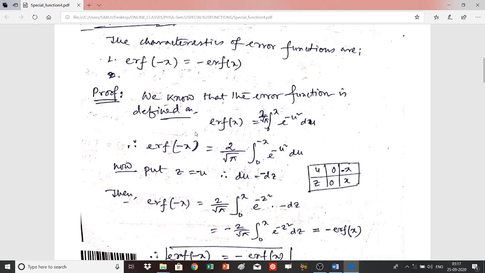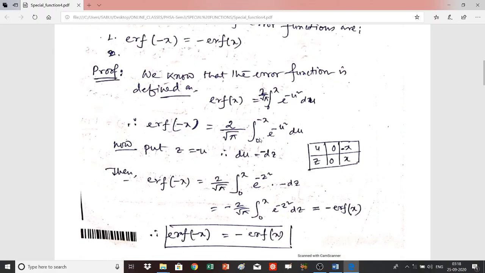Now from here, if you substitute or replace x by minus x, then erf(minus x) will give you 2 by root pi, integral from 0 to minus x, because you are replacing x by minus x in this case, of e to the power minus u squared du.